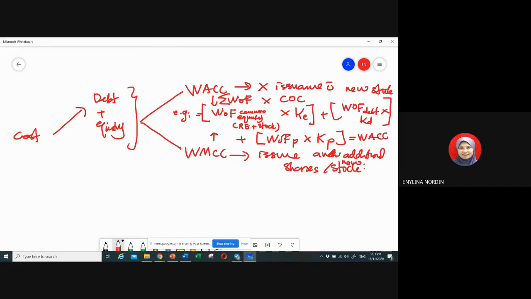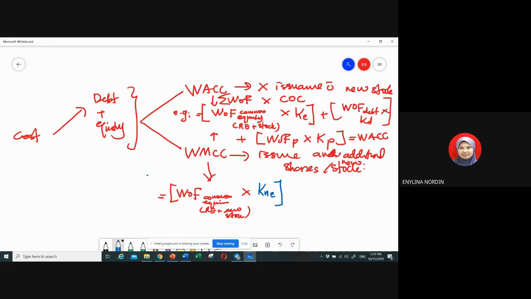But when it involves the issuance of additional or new shares, it will equal the weightage of financing in common equity, that is the retained earning plus the issuance of new stock, multiplied by, let me change the color here so that you can remember, KNE.